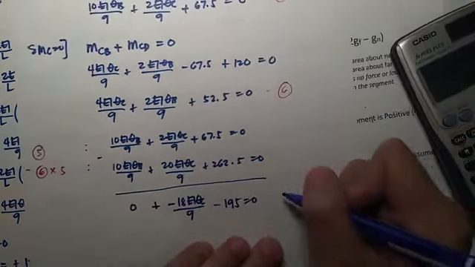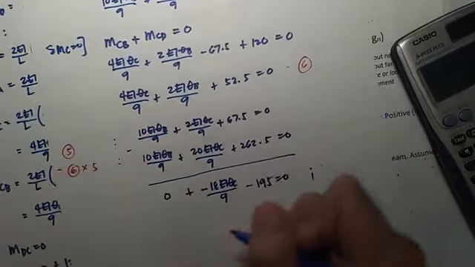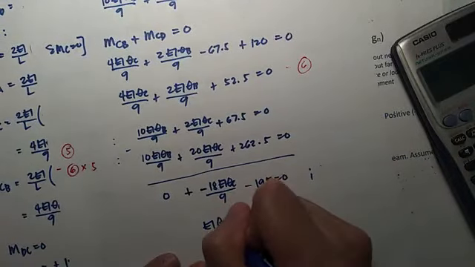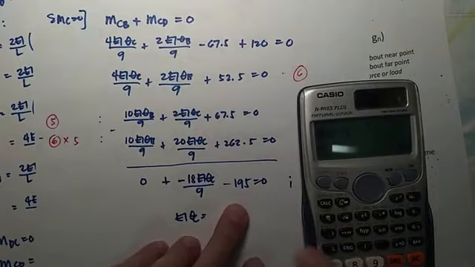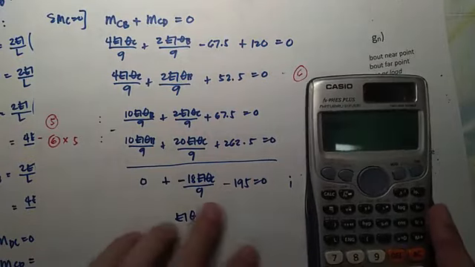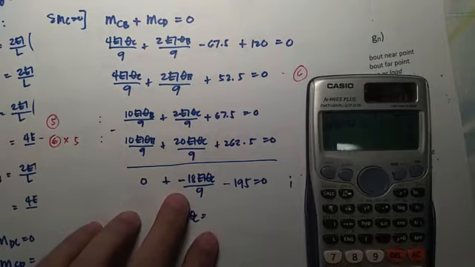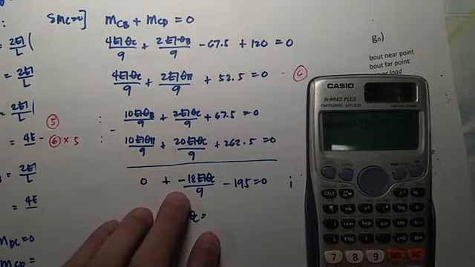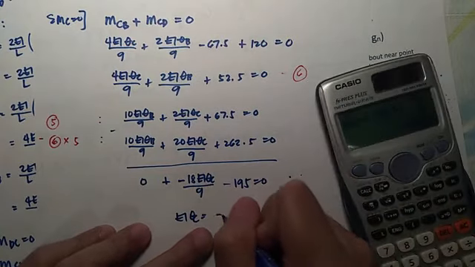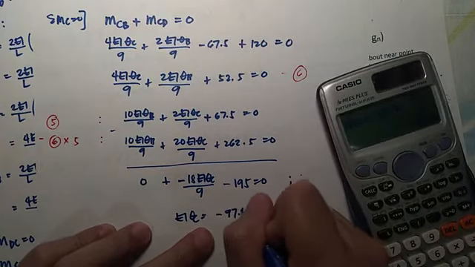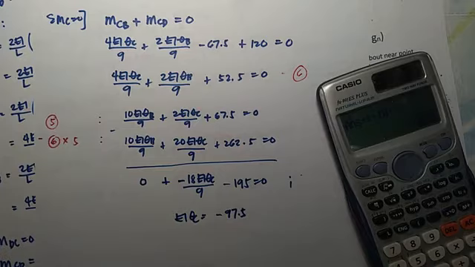Okay, so from here, I could solve now for EI theta C. And that is, yung 195 lipat ko sa kabila, maging positive, divided by negative 18 over 9. So the answer is negative 97.5. Okay, so yan yung value ng theta C ko.